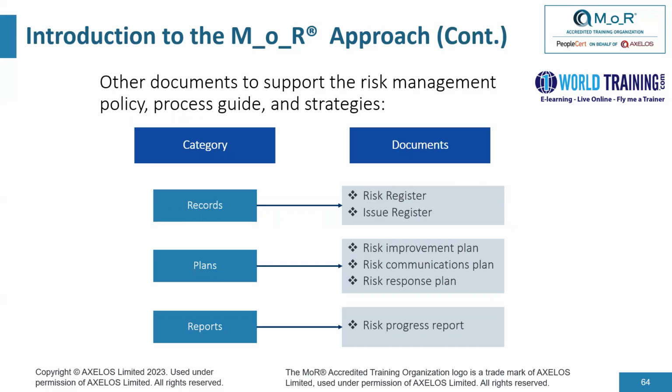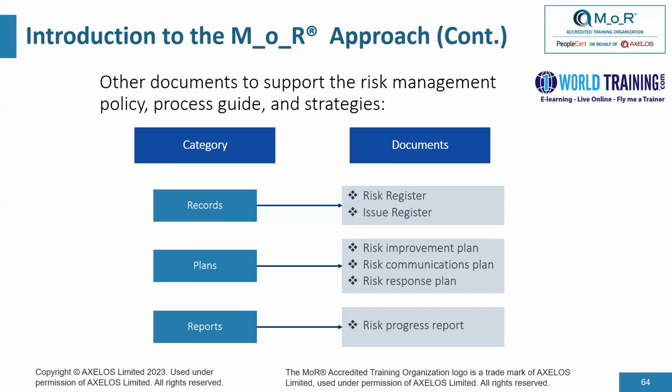A risk register identifies and documents all the risks that have an impact on the objectives of the organizational activity. The manager of the organizational activity, for example, the operations manager or the program manager, is responsible for the risk register. And then you have the issue register.